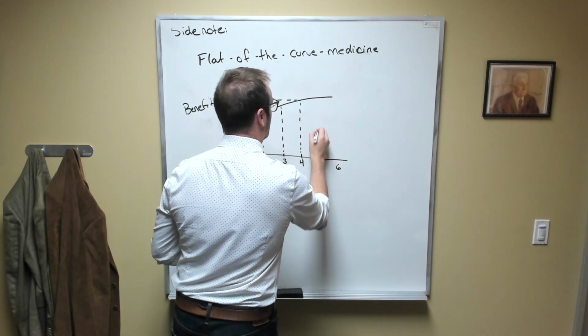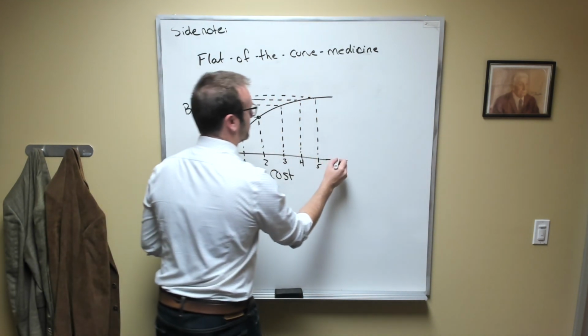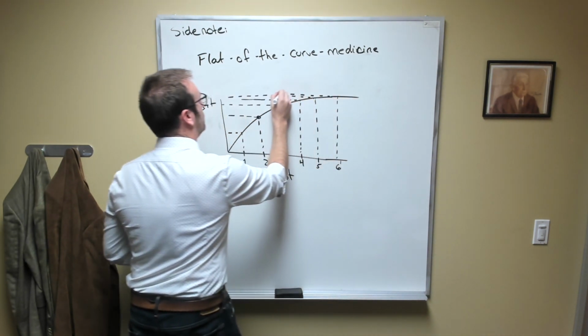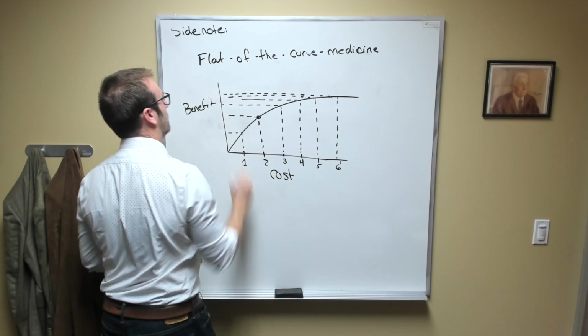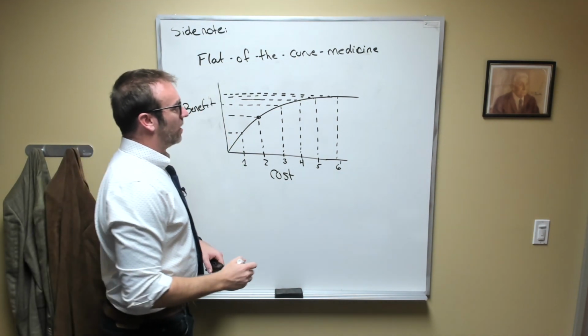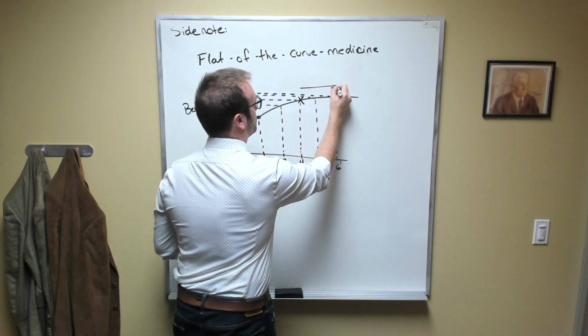But notice that by the time you get to, let's say, the 3rd test, and you move beyond that, the increase in your benefit from healthcare is vanishingly small. In the US, as it turns out, a lot of people are here and moving to the right.